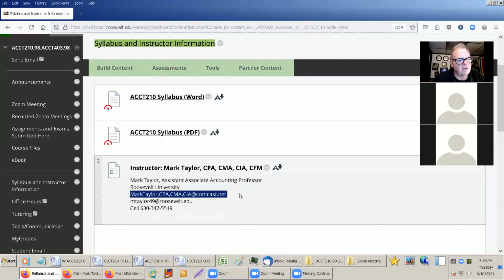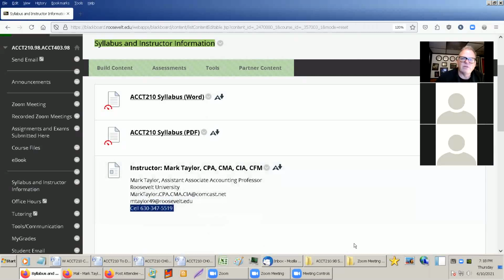This is the personal email, this is the school email, and that's my cell phone number. If you call and I have my cell phone, I'll pick it up. If not, leave a message, or you can text me. A lot of times I leave my cell phone in my car, so if you call and I don't pick up, it's probably because it's in my car. Any questions on that?